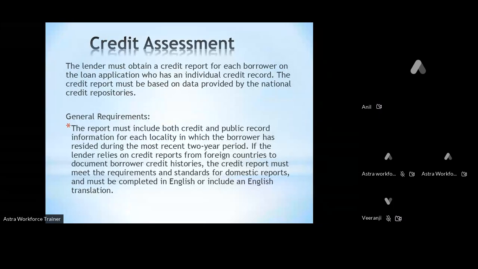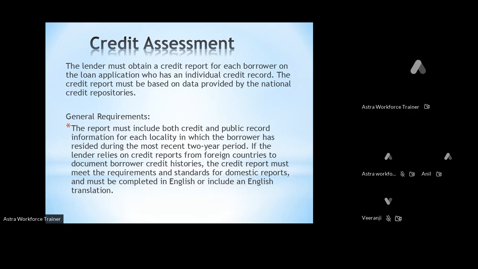Okay. So when we come to discuss the credit, we need to check the creditworthiness of the borrower, whether he can pay the loan amount that the lender is going to lend, right?